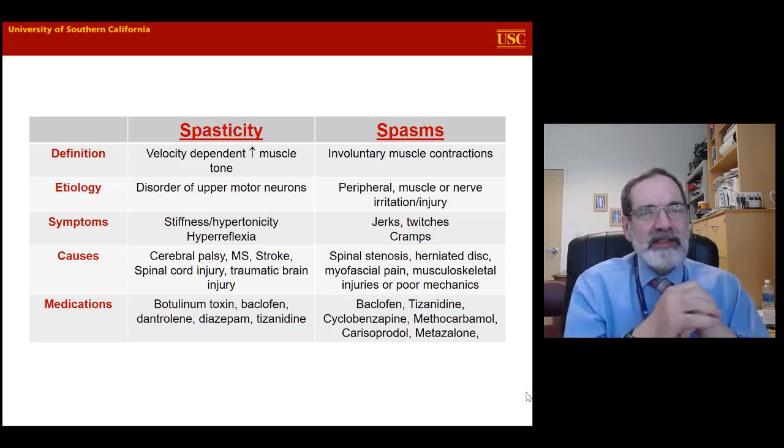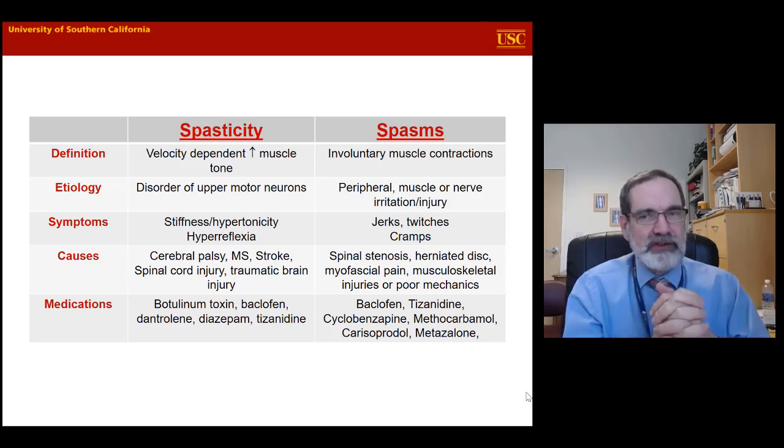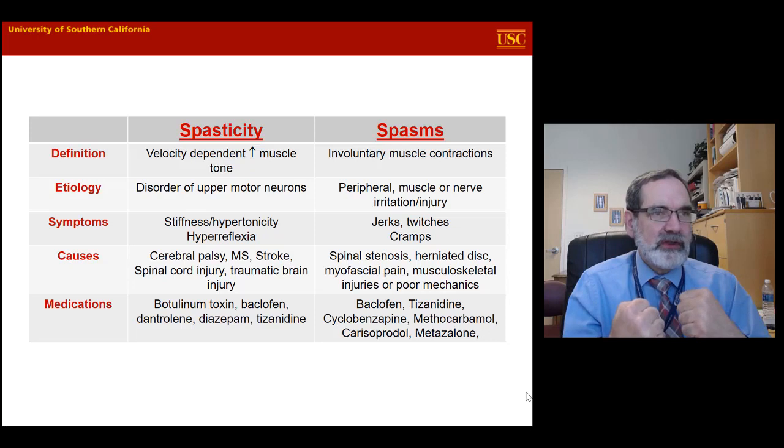So back up to my etiology line here. If you look on the spasm side, it is a more peripheral condition, not an upper motor neuron condition. It is peripheral muscle or nerve irritation or injury. So in response to some source of irritation in the muscles or in the nerves, typically the lower motor neurons, or the sensory nerves even, the muscle reacts by involuntary contractions called spasms.